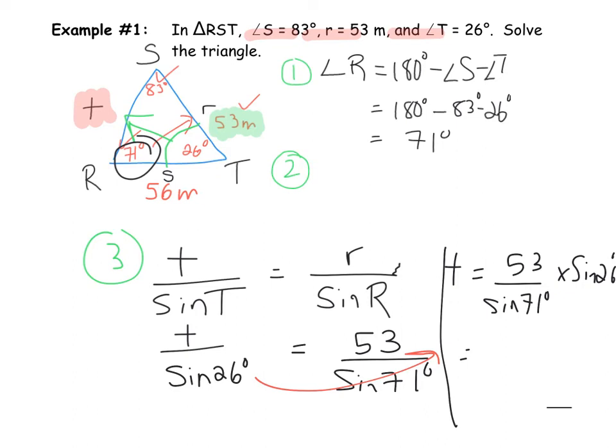So when I work that out, I'm getting 24.57 and so on. So I'm going to round that to the nearest whole and say that t is equal to 25 meters. So there, I've done it. I've solved this triangle, found all of the side lengths and all of the angles. Let's try a different question, one that we're going to need to approach from a different perspective.